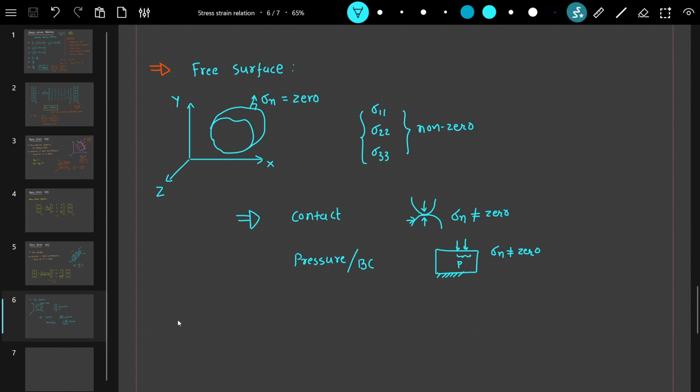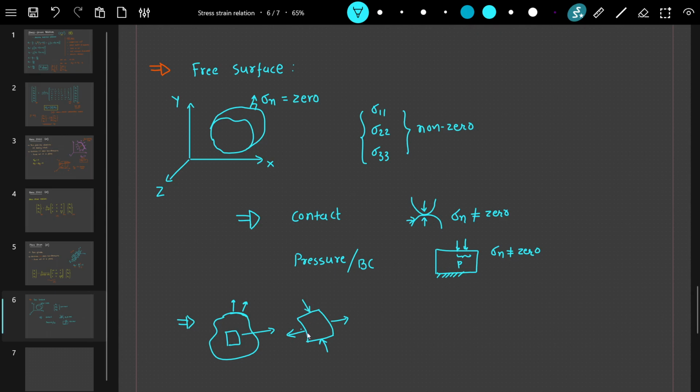And similarly, we can also say that on a free surface, as I said, the normal stress is zero. There are always two stress components in the plane. It can be compressive or tensile, just for understanding purposes. Let me draw it here properly.